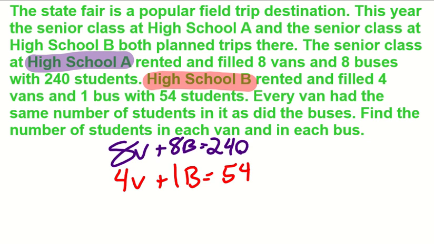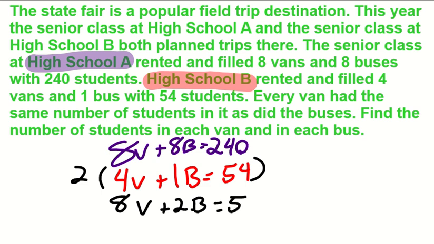Multiplying by 2 is going to be easier numbers to work with. So if I multiply this one by 2, that's now going to give me 8V plus 2B equals not 54 anymore. Sorry. 108.